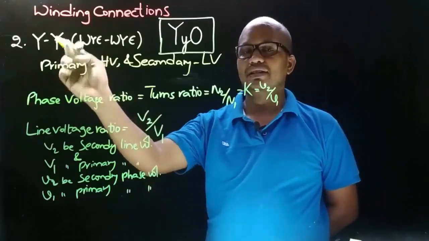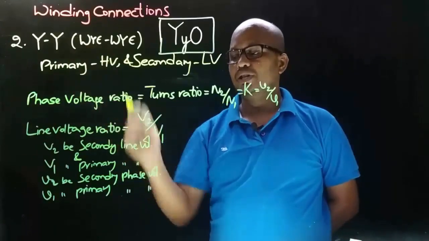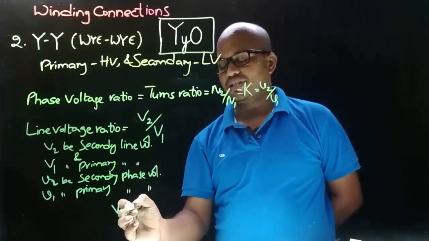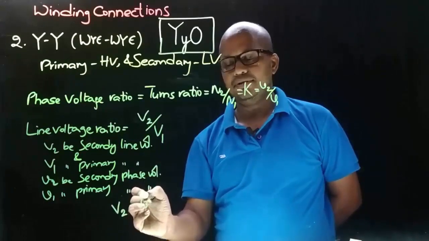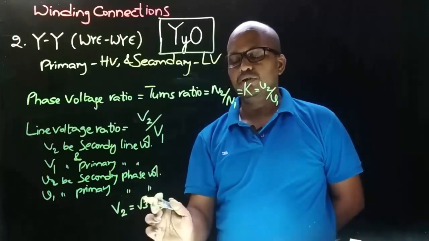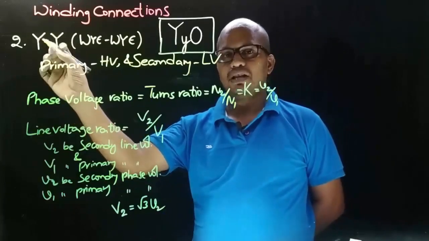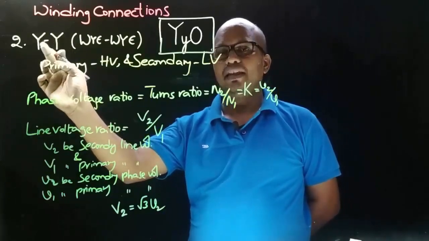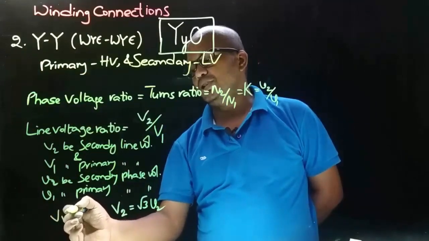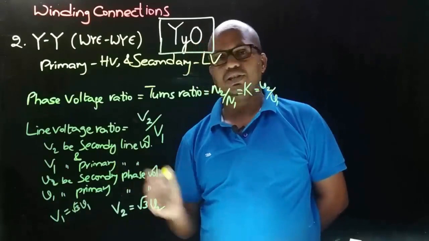And observe that the secondary side is a star connection, and the voltage relation between the line voltage and phase voltage is V2, the line voltage on the secondary side, equal to root 3 times the secondary side phase voltage, means V2 is equal to root 3 times small v2. And the primary side is also a star connection, so the primary side line voltage V1 is equal to root 3 times the primary side phase voltage.